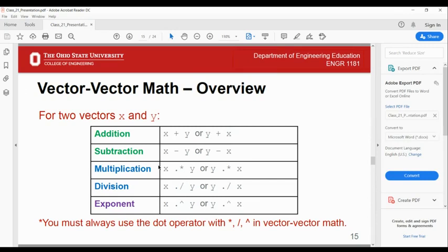If you have vector with vector, again, the addition and subtraction, we just use the plus and minus sign without dots. But for the other operations, multiplication, division, and exponents, you have to put the dot before them.